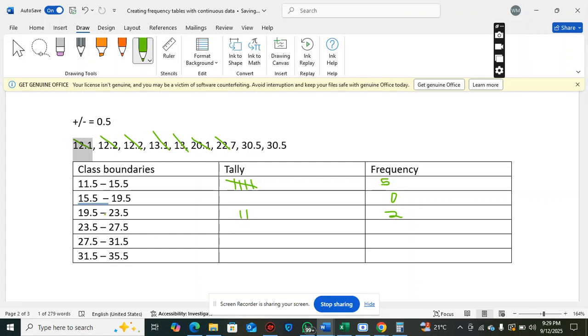Okay, then between 23.5 to 27.5, 0, no numbers. And from 27.5 to 31.5, you've got 1, 2. So you've got 2 numbers here. Okay. And we have now made our frequency distribution table.